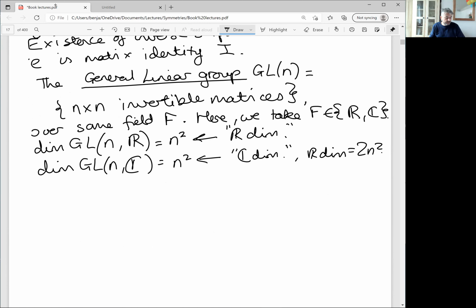So it's important to note that we always have in mind that these matrices are going to act on some n-dimensional vectors. This will be important for our applications later on.